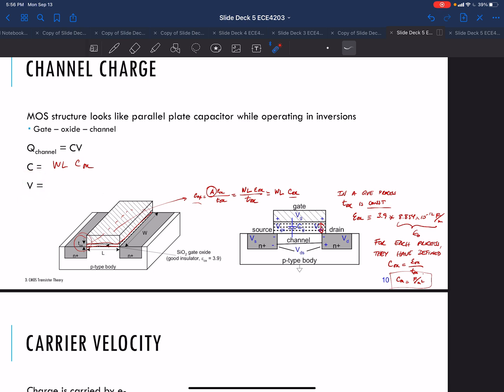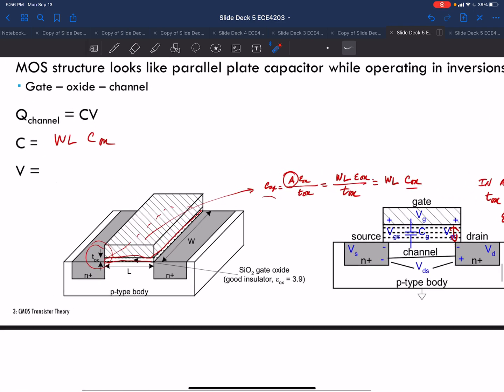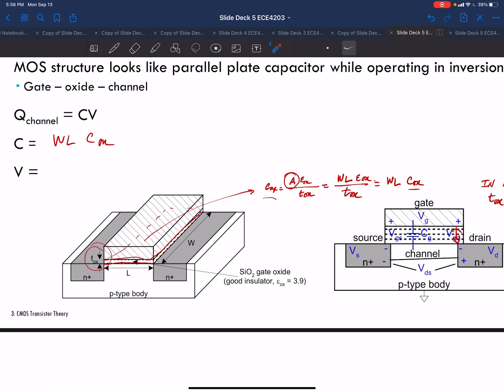This is a real gross first-level approximation, and one of the bigger ones among the many things we're approximating here is that we're going to assume some average value of potential across this channel.